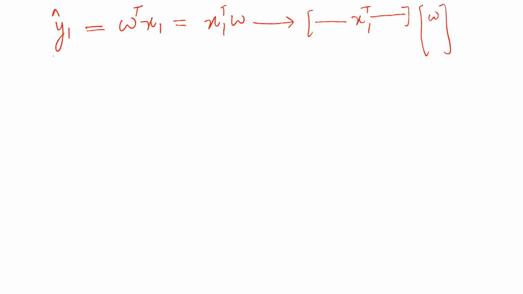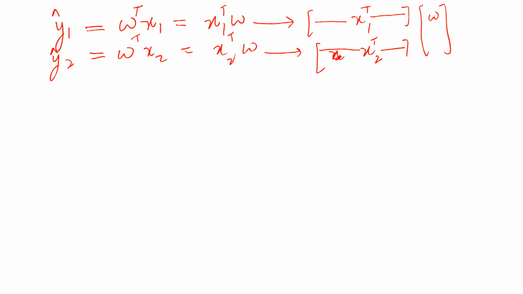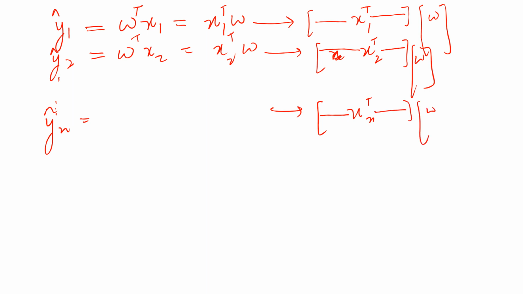Similarly, I can write y2 hat equals w transpose x2, which is x2 transpose w. And so on, until I have some yn hat, which can eventually be expressed as xn transpose w.